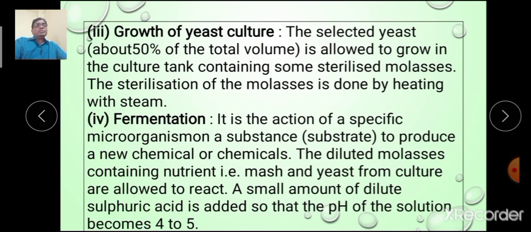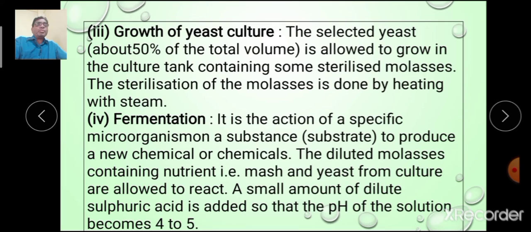Now, growth of yeast culture in the yeast culture tank. Students, not all yeast converts a specific product into the required chemical. Look, milk is converted into curd.